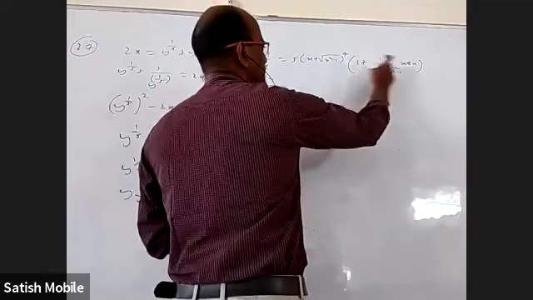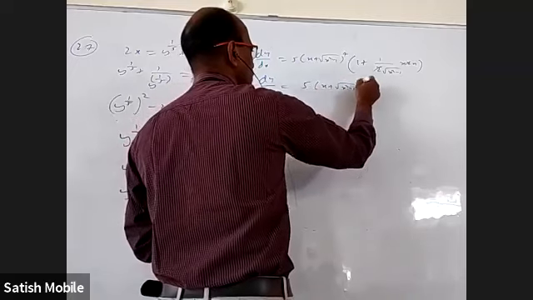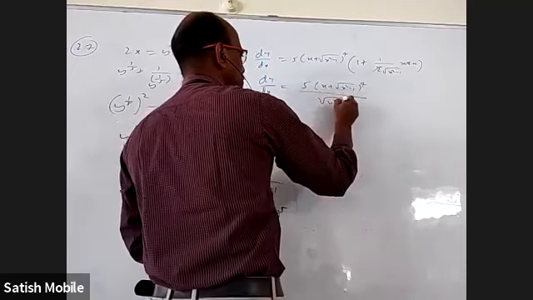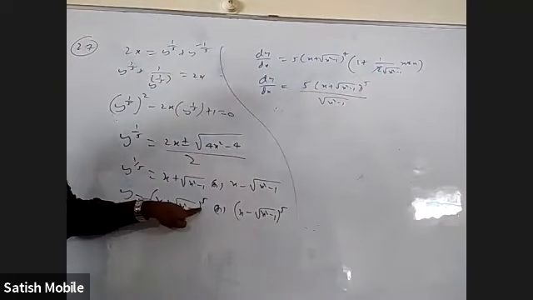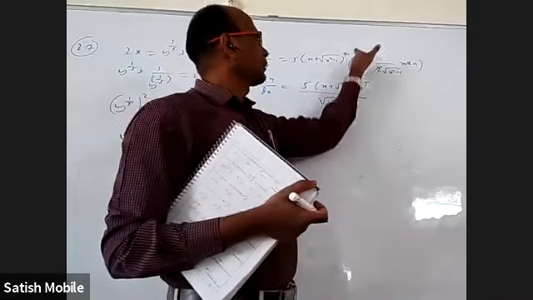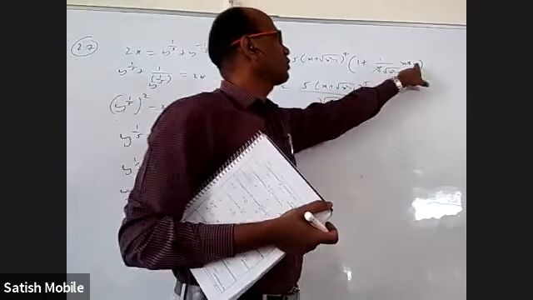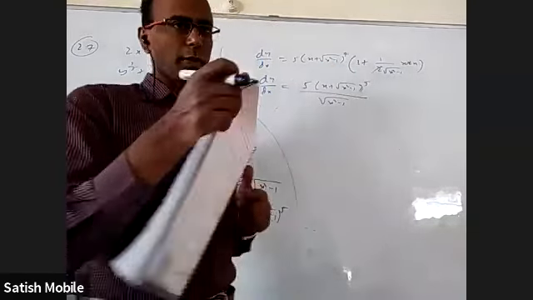One is that when I take LCM, this and this will become the same. I'll get (x plus root over x square minus 1) whole power 4 by root x square minus 1. This is not power 4, this is power 5. Because of differentiation, power 5 became power 4, because n into x power n minus 1. But the inner part derivative, when you simplify it, gives x plus root x square minus 1, which is exactly the same as this. That's why I got power 5 back.